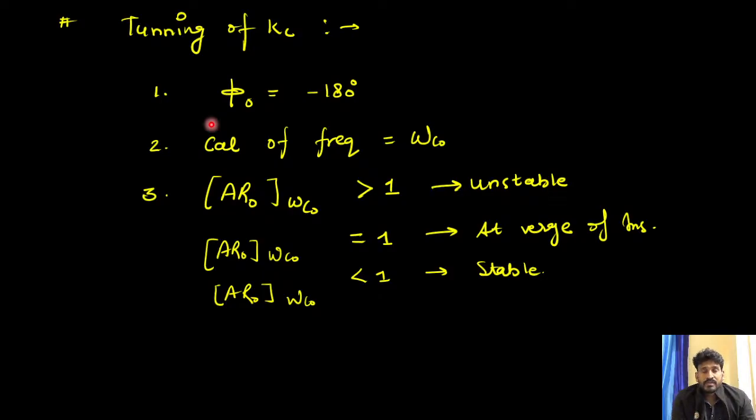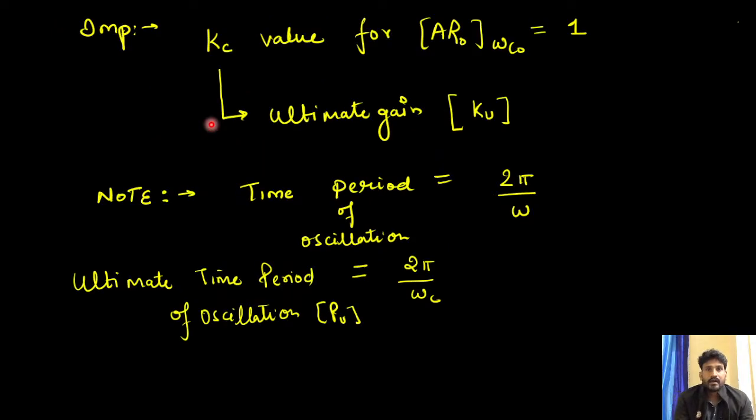So simply this slide is important. See, phi naught, put phi naught equal to minus 180. Calculate the crossover frequency and now find out the overall AR at that crossover frequency. If it is greater than 1, unstable; equal to 1, at the verge of instability; less than 1, stable. That's it. Right?